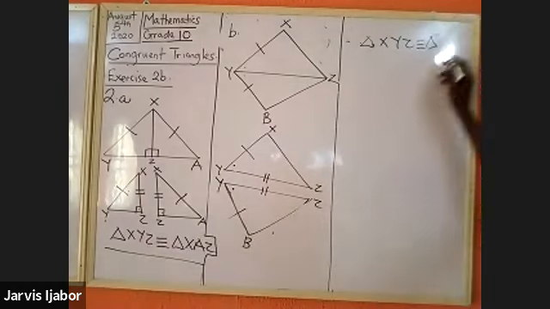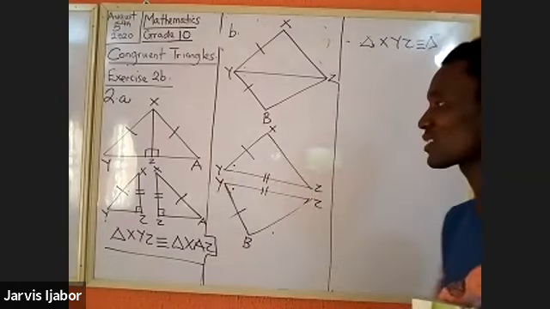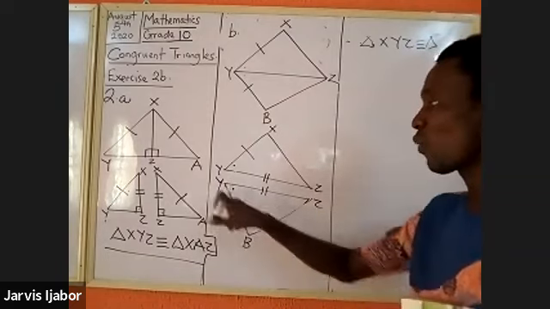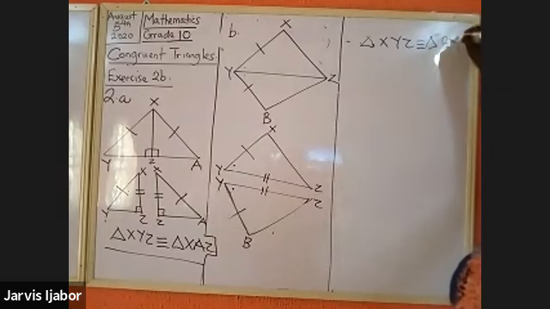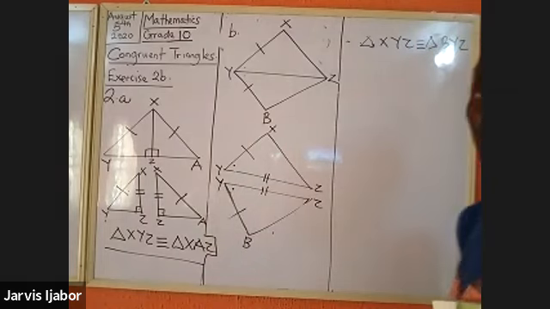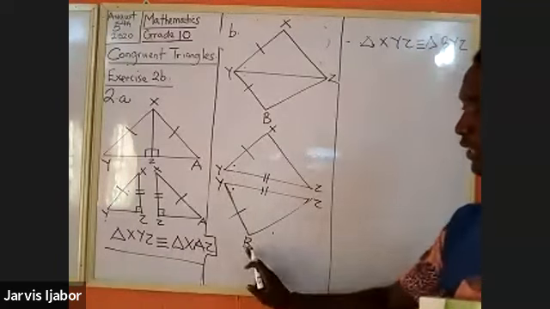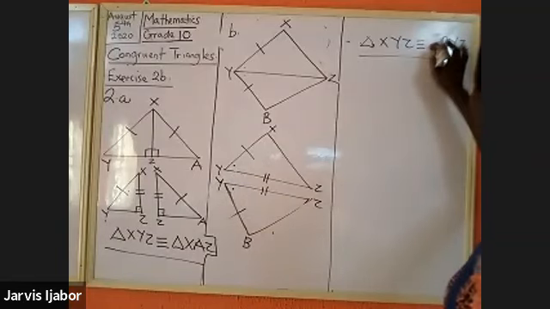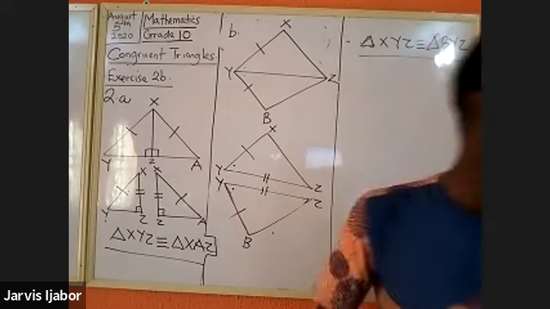Now it will be what? Triangle what? Watch the order. X, Y, Z will be B, Y, Z. Triangle B, Y, Z. Order is very important. So that's that for that question.